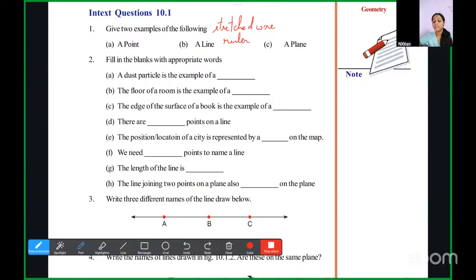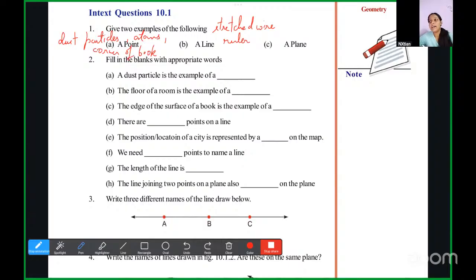Also, examples of points can be dust particles. Oh, ma'am, can I say atoms? Yes. You can say the corner of a book. Ma'am, electrons even, right? Yes.